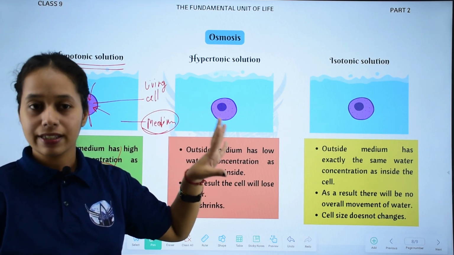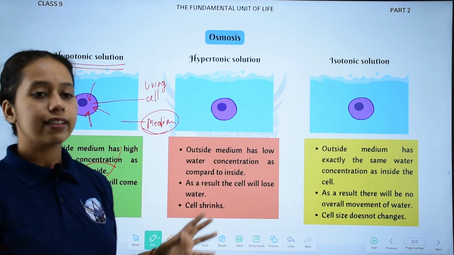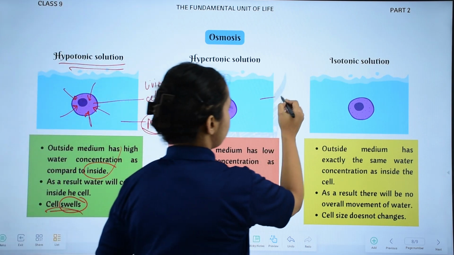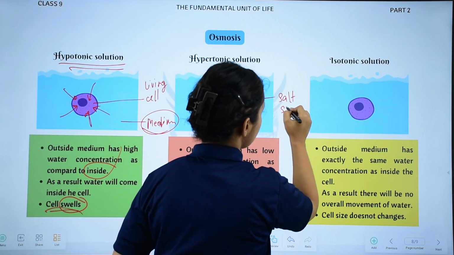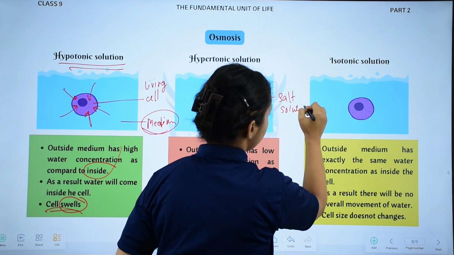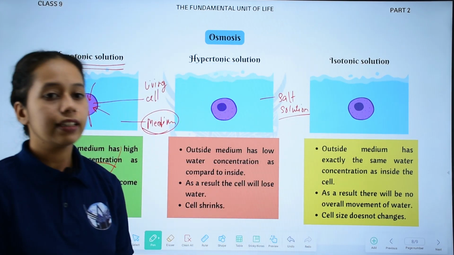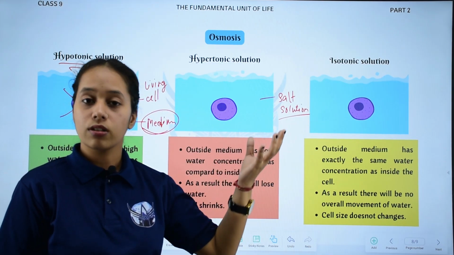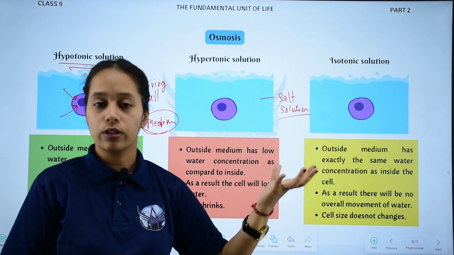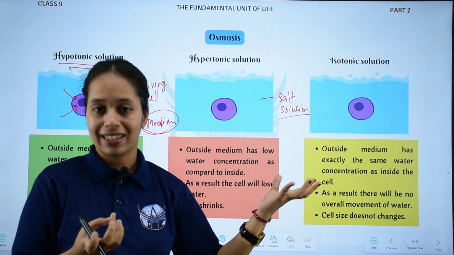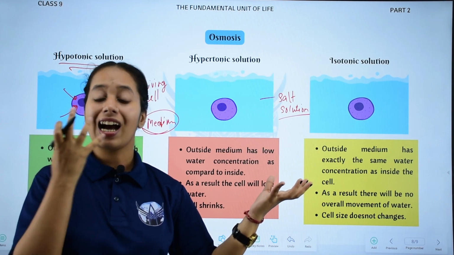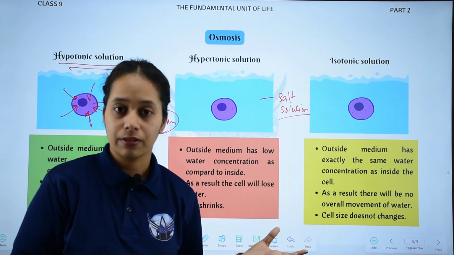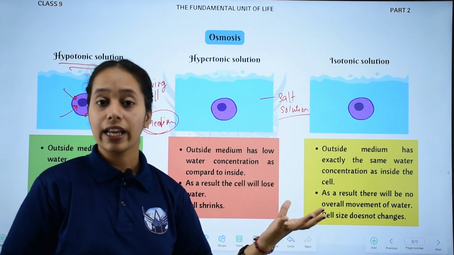And the medium this time, for example, let us take salt solution. We are taking the medium in such a manner that in the salt solution, the amount of salt is more and the amount of water is less. Okay, it is a highly concentrated salt solution, meaning the amount of salt is more and the amount of water is less.